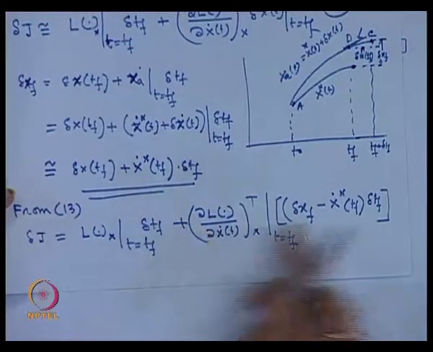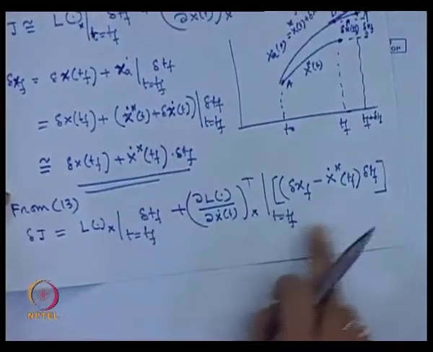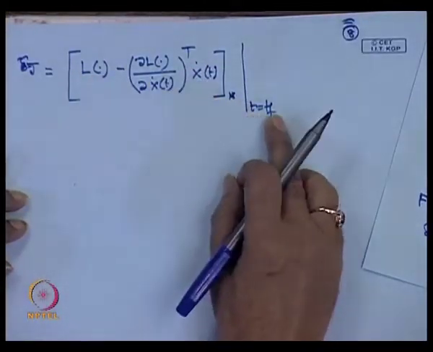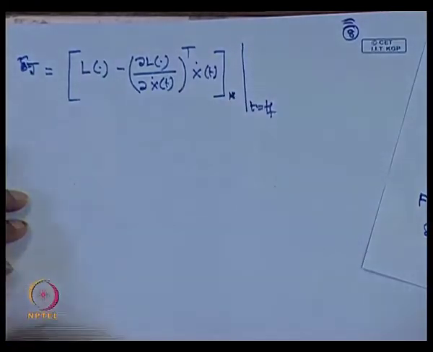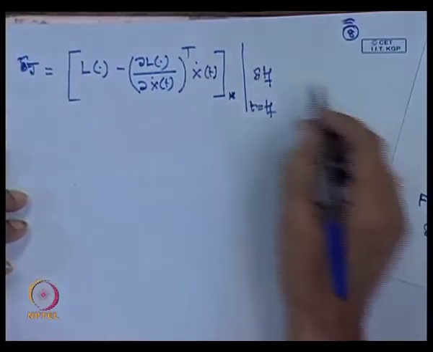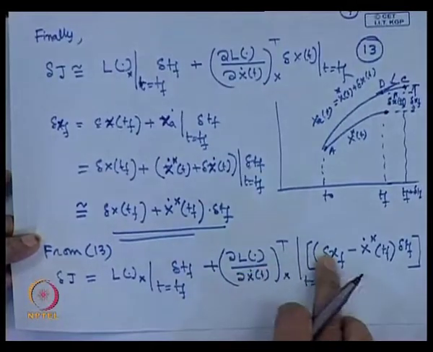just I am writing that one, this term plus this term into this term I am writing T is equal to T f. So, first is star I am writing it here, you calculate the star, then T is equal to T f, then what is left, delta T f, plus what is left, only this term is left.